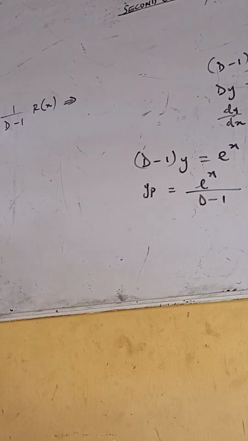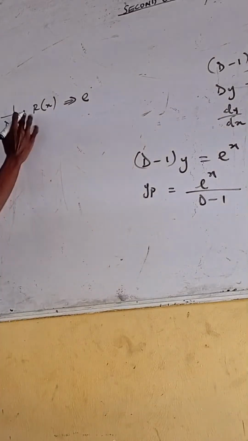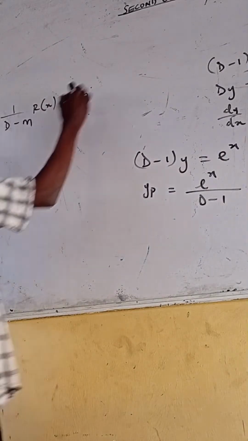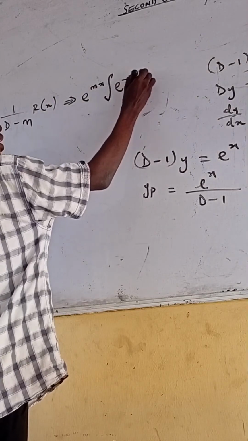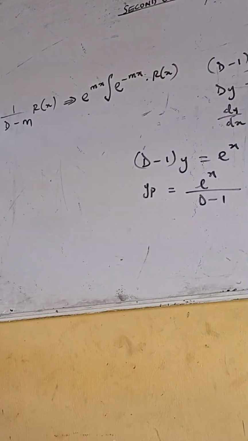It's the same thing as e raised power mx integral of e raised power minus mx r of x dx, where we replace m with 1. Do you get what I'm saying?